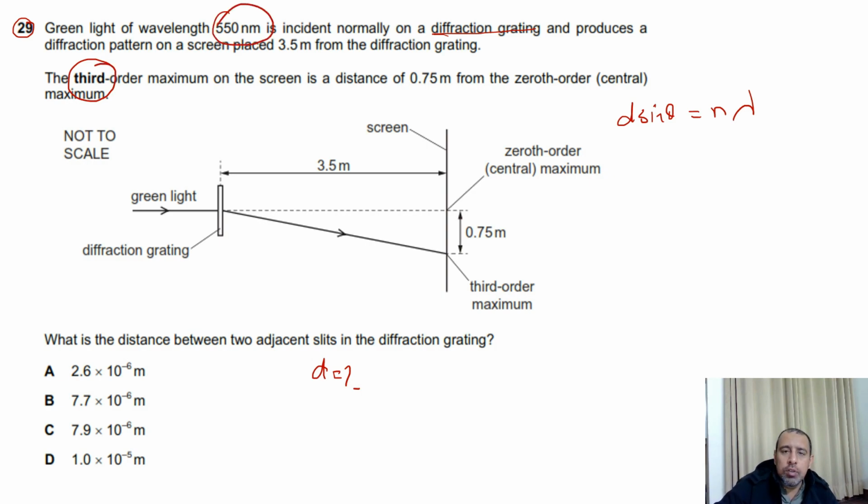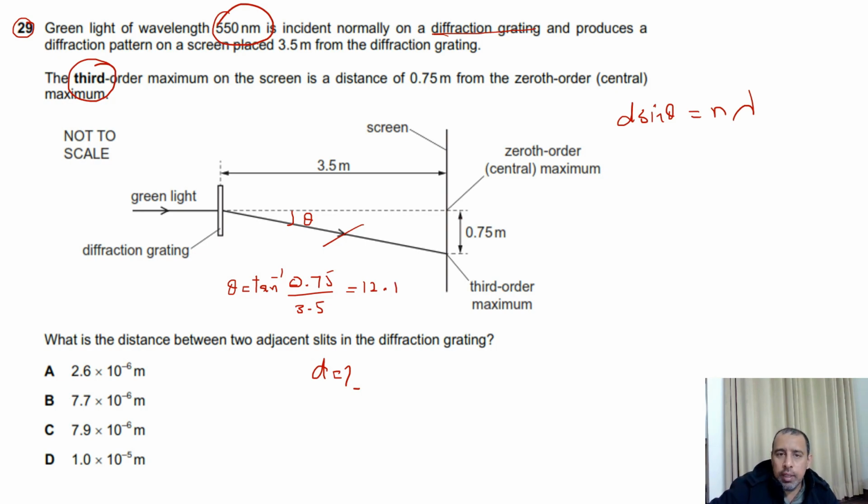This angle is not given, so we can find this angle because these two distances are known. Using any trigonometric relation, theta is equal to tan inverse of perpendicular over base, 3.5. This angle is, let me check, 12.1.